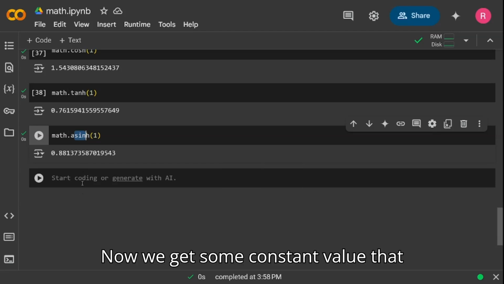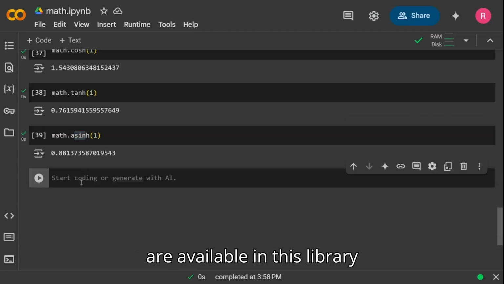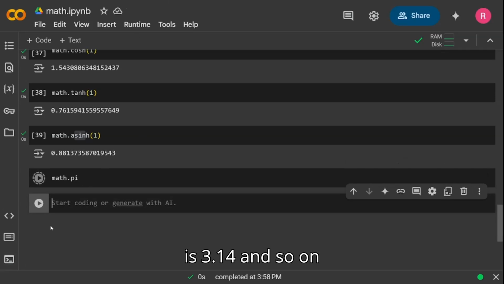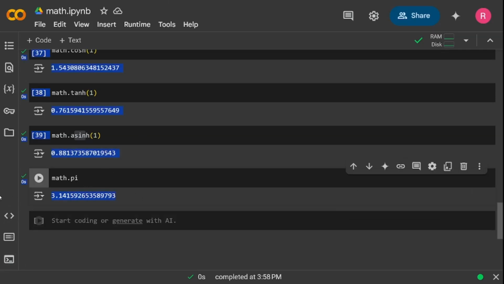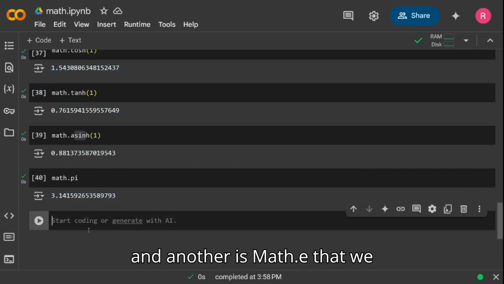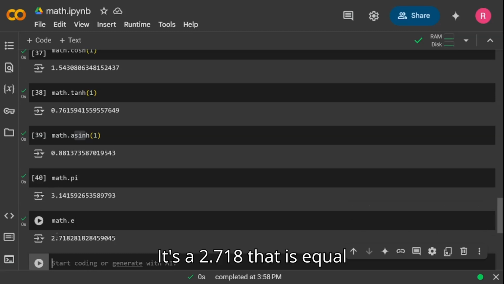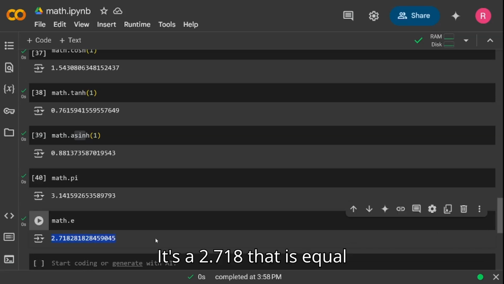Now let's look at some constant values that are available in this library. As you can see above, math.pi is 3.14 and so on, and another is math.e, which we also used above. It is 2.718, the Euler number.